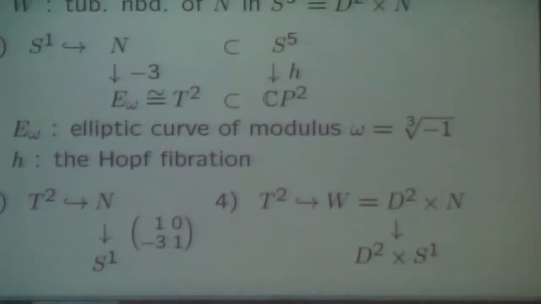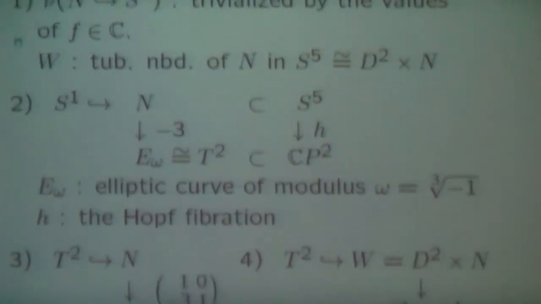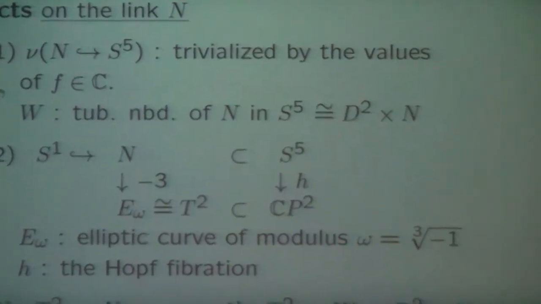Now, if you look at this picture of the wave component, it is so difficult to construct Lawson's foliation. So let's take a tubular neighborhood W of the link N in the 5-sphere. N is 3-dimensional, S5 is of course 5-dimensional, and it's codimension 2.